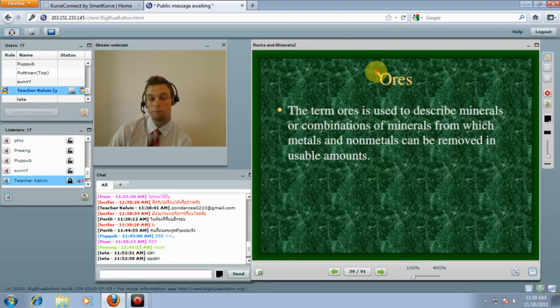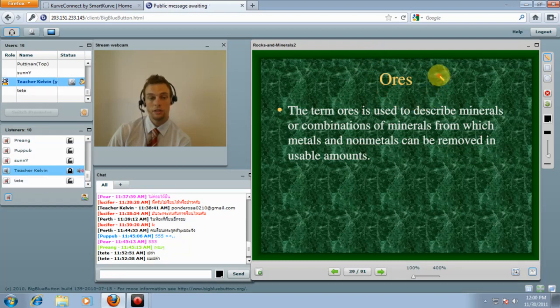And when you see a mine, so you have an iron ore mine or a copper mine, then they're going to be mining ores. They're going to be trying to get the metal out of the minerals. And we're going to talk a little bit more about how they do that and why this is useful. If you're listening to your iPod, the headphones that you're using are probably going to have copper wiring in them.